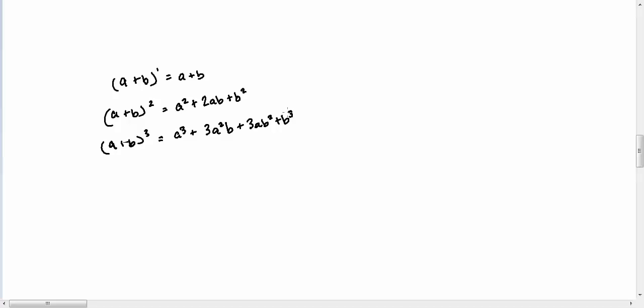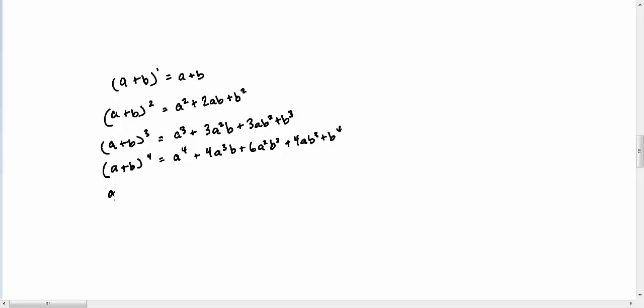And if you don't believe me, in fact, I actually will probably make you do this, is multiply it out. Literally write a plus b times a plus b times a plus b. You FOIL the first one, and then you FOIL in the third one. All right. A plus b to the fourth power is equal to a to the 4th plus 4a cubed b plus 6a squared b squared plus 4ab cubed plus b to the fourth power.